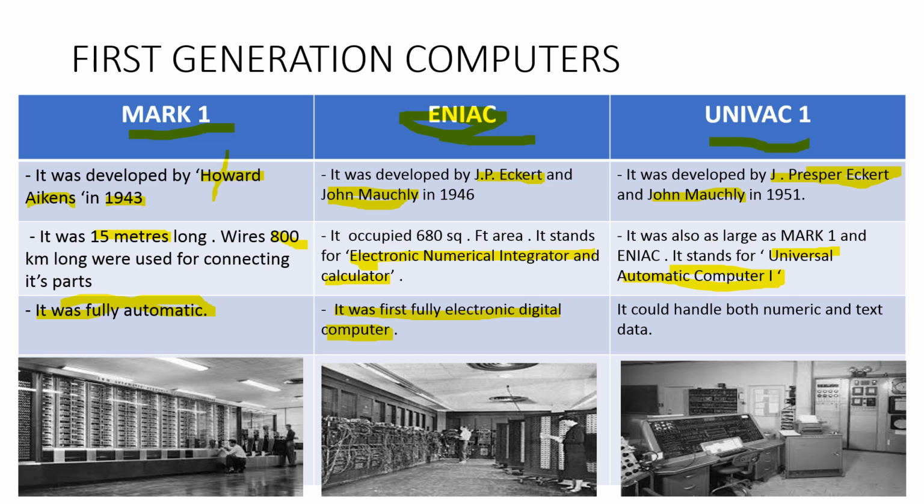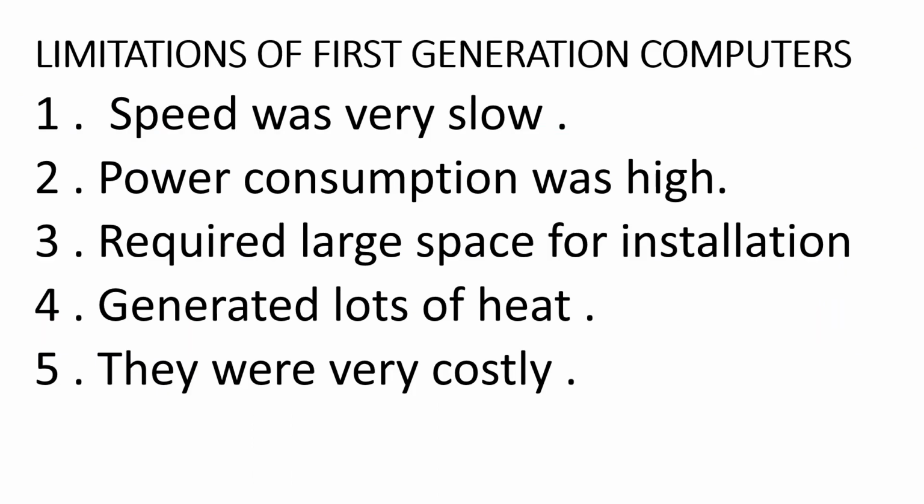Now moving on, you know that the first generation computers were very huge in size. Due to this size and large weight, there were some limitations. What were the limitations?